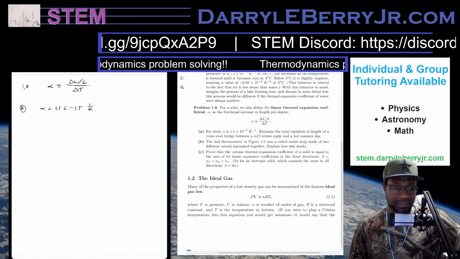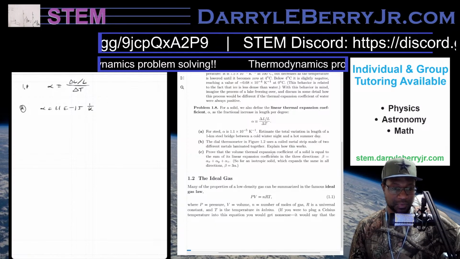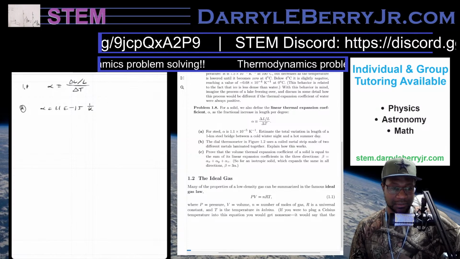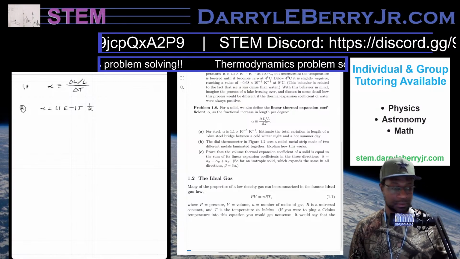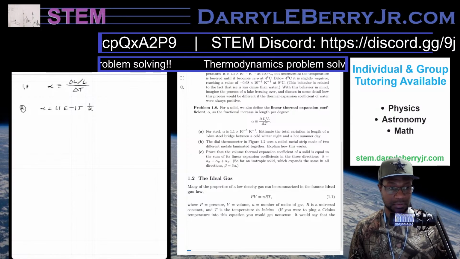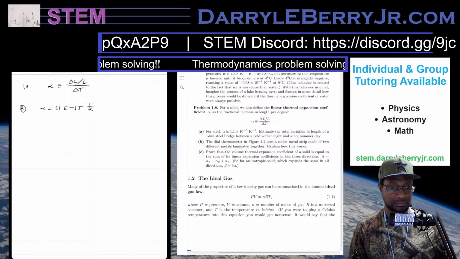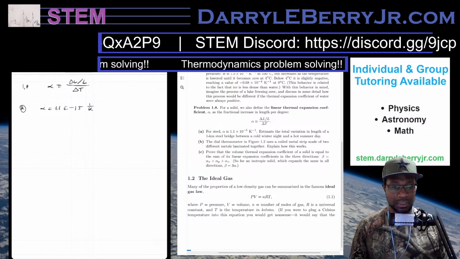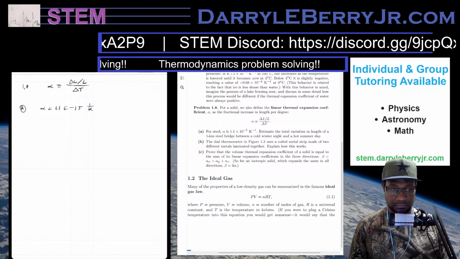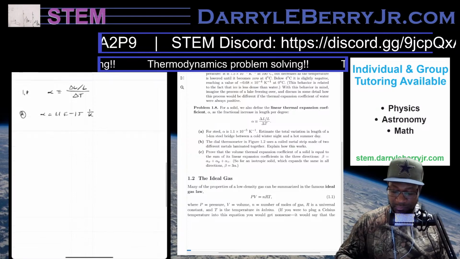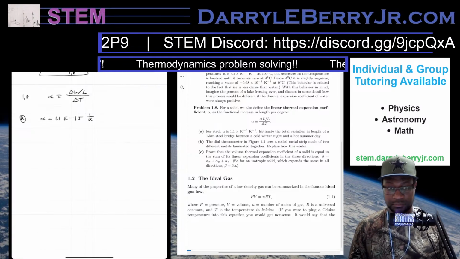Estimate the total variation in length of a 1 kilometer steel bridge between a cold winter night and a hot summer day. So we can just plug everything in. We want to get the amount of expansion.